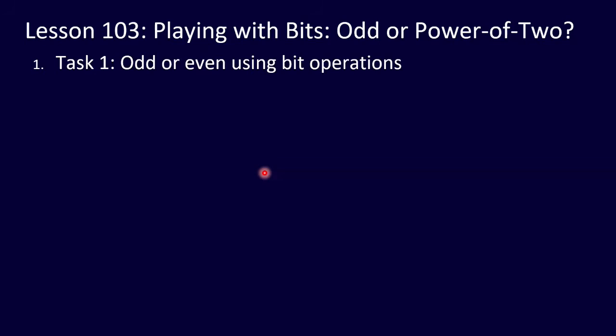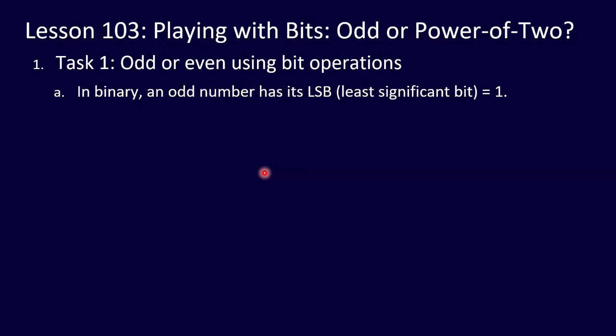Okay, this is a simple way. Usually in decimal, we use %2 and see the remainder. If it's 0, it's even. If 1, it should be odd. But using binary, there's another way to see. In binary representation, the LSB, least significant bit, meaning the rightmost bit.